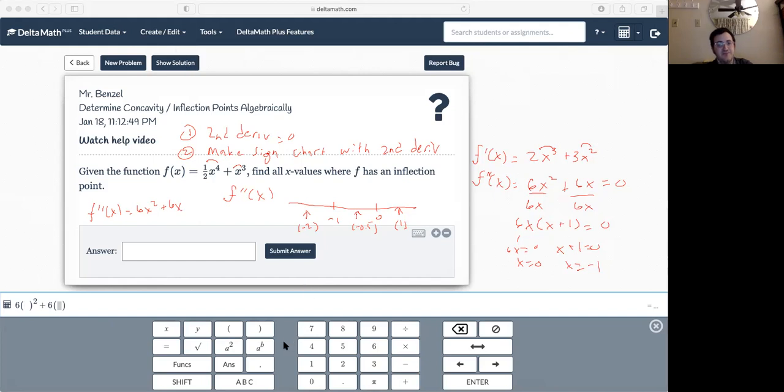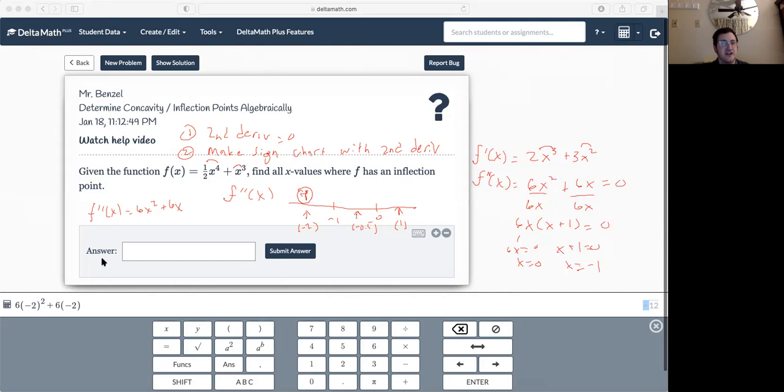So I have a -2, and I'm just going to plug this in. When I plug in -2, I get a positive 12. That is a positive number, so that means from -infinity to -1, we are concave up. What I'm looking for is the change in the sign chart.